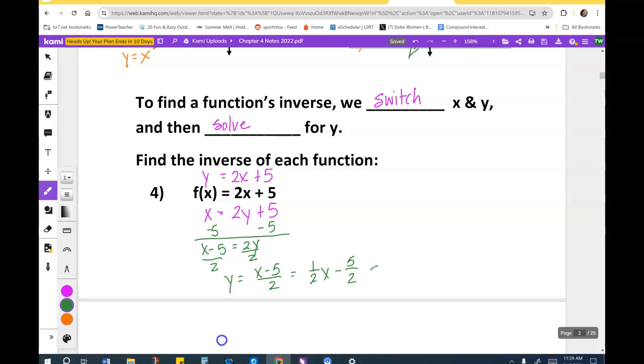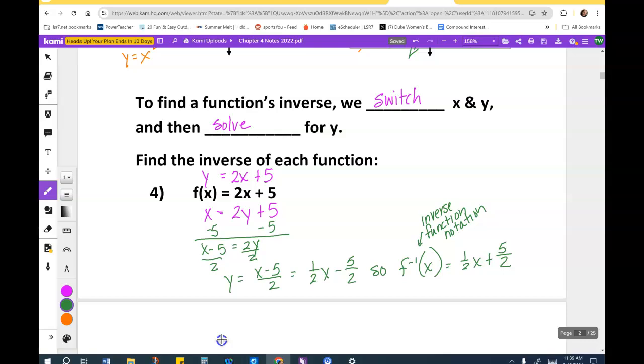And then that means my inverse function, and the way you write the inverse function is f negative 1 of x. This is the inverse function notation. You do have to write that or you're going to get points taken off. f negative 1 of x equals 1/2 x plus 5 halves. That's the inverse of 2x plus 5.